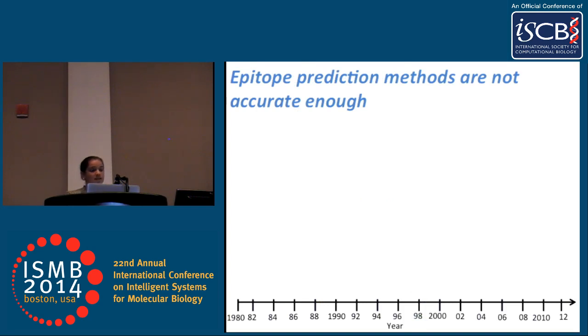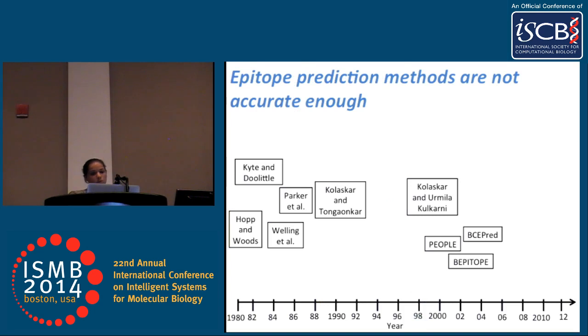And this brings us to predicting antibody epitopes. People started to predict antibody epitopes at the beginning of the 80s. These methods try to identify which residues on the protein surface bind the antibody. Most of them were based on amino acid scales, such as hydrophobicity.